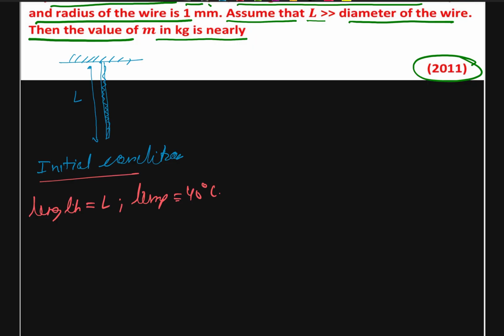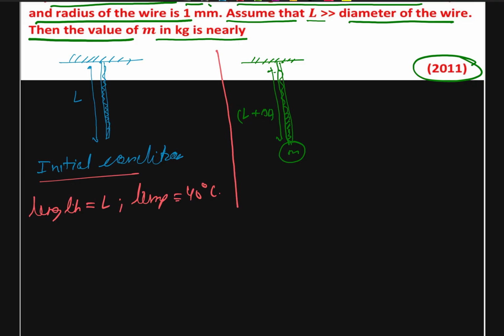Then a mass is hung to it. A mass m is attached to its free end, and its length is extended. Let us suppose its length becomes now L plus delta L. This is the total length.